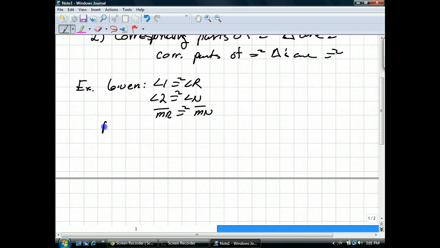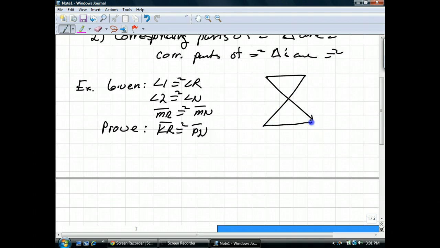I want to prove that segment KR is congruent to segment PN. And I have this picture. Where this is K, this is R, this is M, this is N, and this is P. And this is angle 1 and angle 2.